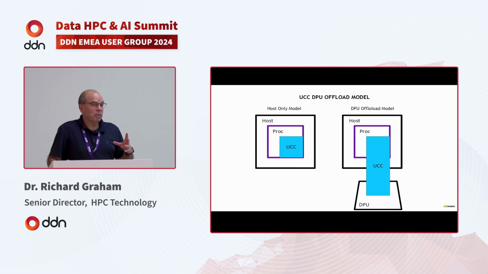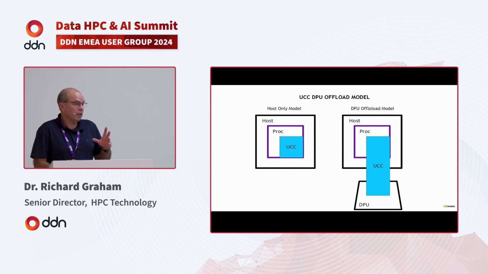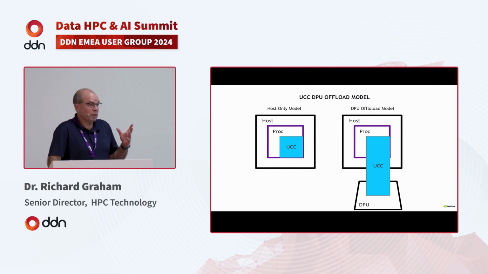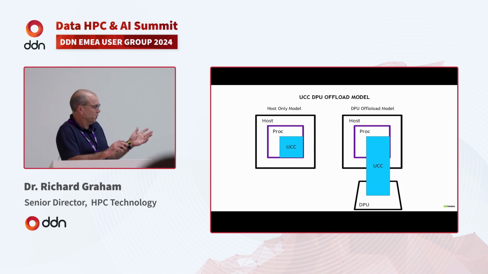A few details on implementation. We've done a lot of work in terms of offloading MPI or SHMEM or the like to the DPU, using the DPU as a progress engine for communication within the application. In a host-only model, which I have here in blue, UCC is the communication library that we use. It stands for Unified Collective Communication Library.